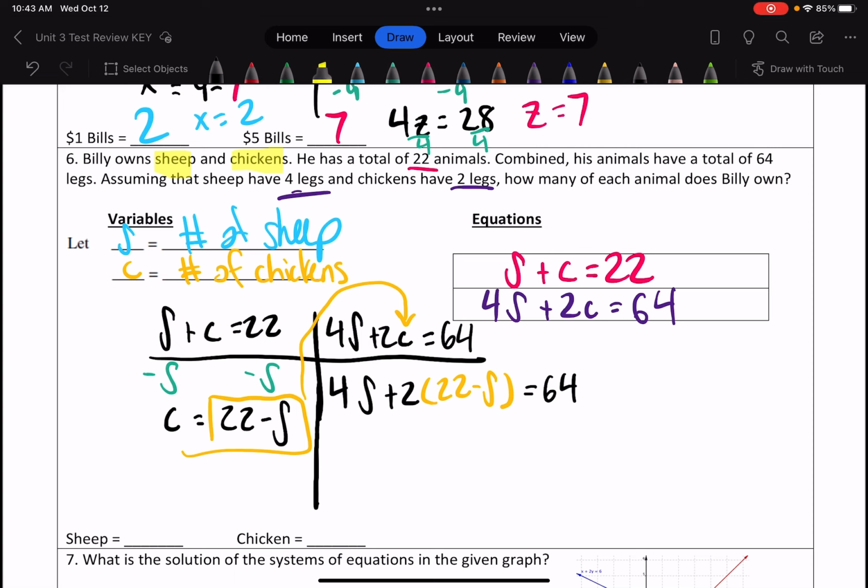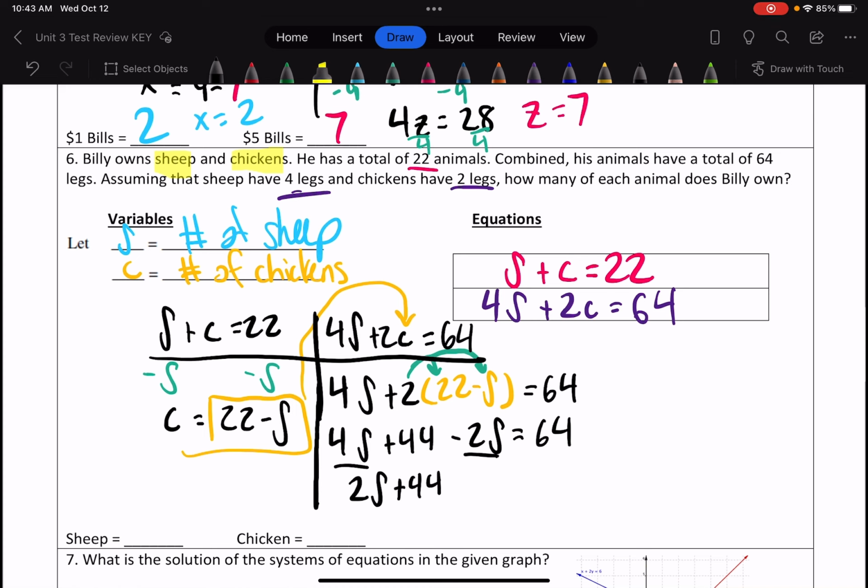Now, because that C did have a coefficient in the second equation, I need to use the distributive property. So I'm going to take the 2 and distribute it to 22 and the negative S. So that's going to give me 4S plus 44 minus 2S is equal to 64. I now can combine like terms. 4S minus 2S is going to give me 2S.